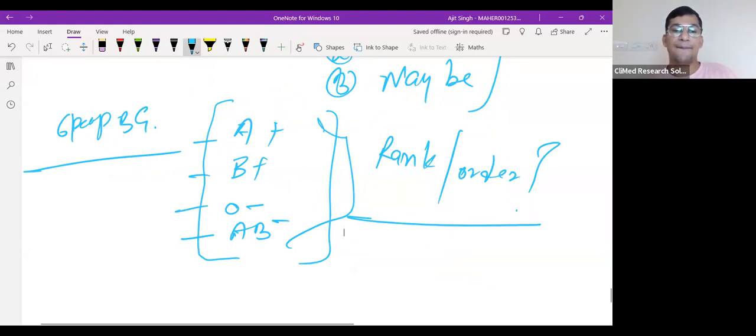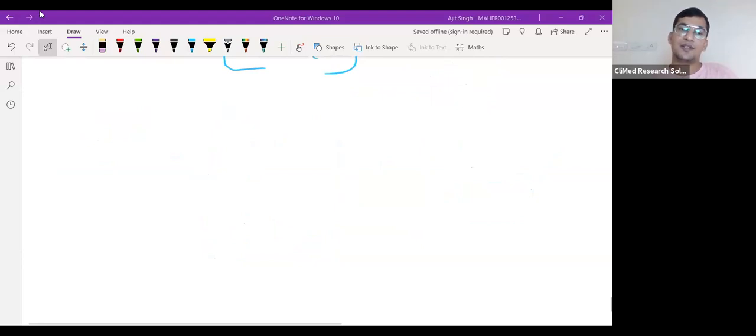Tell me, guys. Is there any blood group which is highest, and something which is lowest? Is there any data which is in order? Okay, let me give you another very basic example: religion, simple, right?